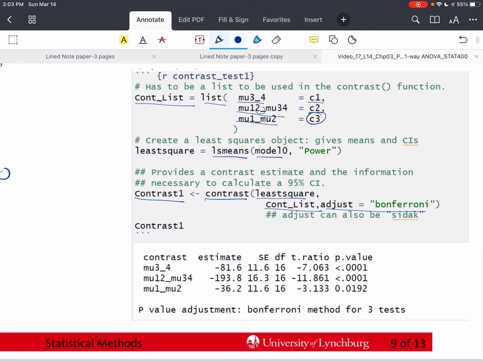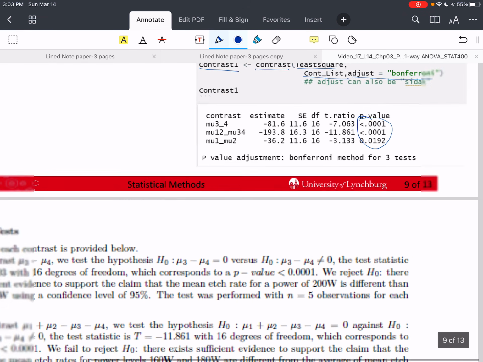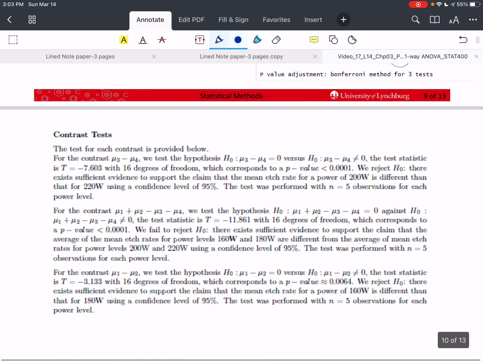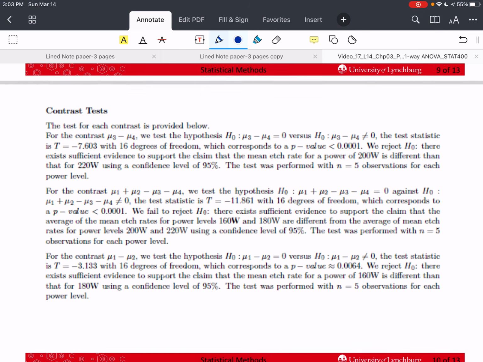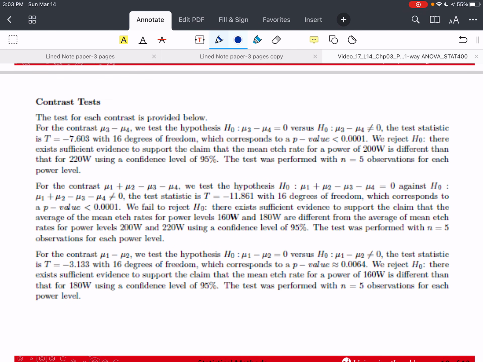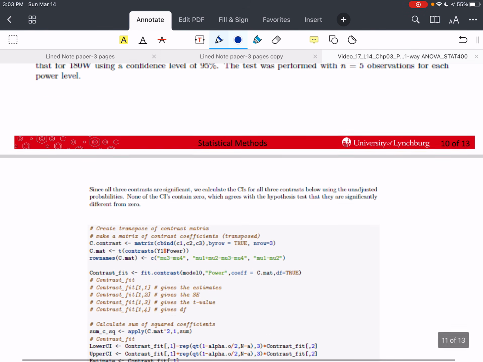But this does perform the test, and it gives us the p-values. I've written up the hypothesis test for each one of these. I won't read this to you, so please read over this and make sure that you understand this is how we're going to write it up, and you can modify that code in the code file that I have.